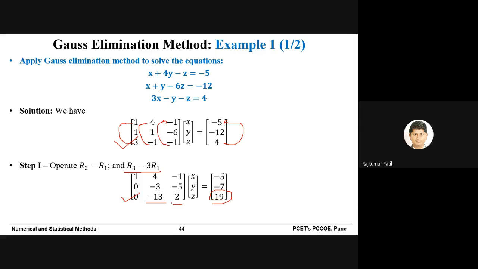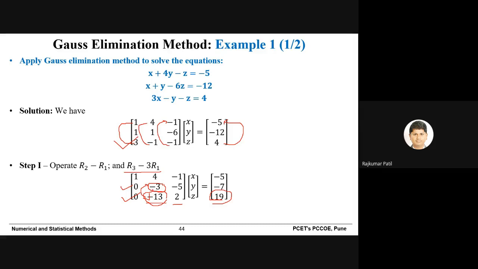Then finally, you need to make this -13 a 0, and for that you need to use the second row. But before that, you need to make sure that this term is not equal to 0. If this term is equal to 0, you need to interchange the second and third rows.